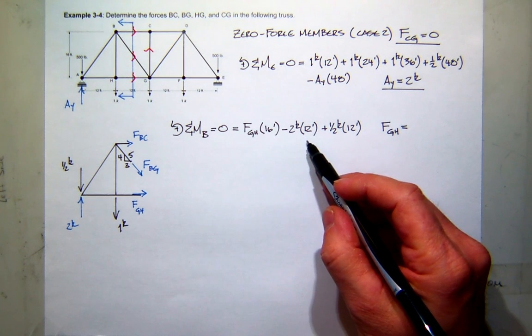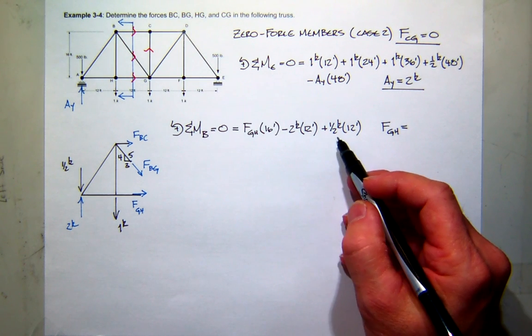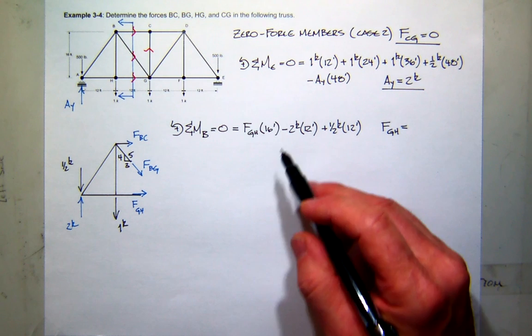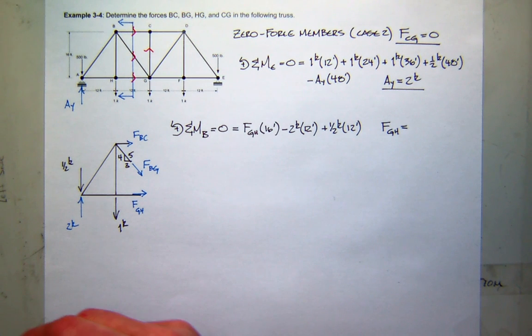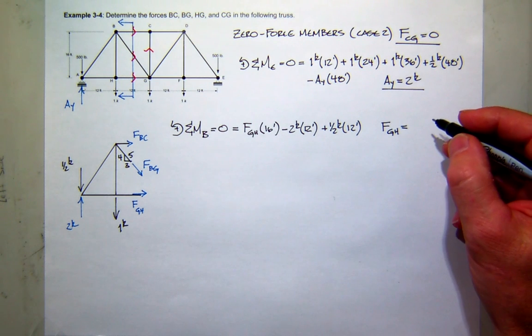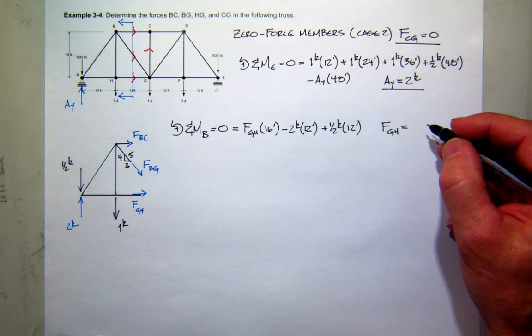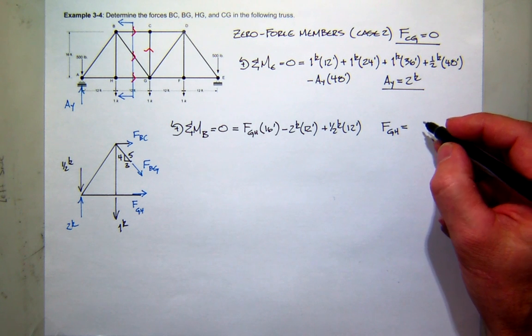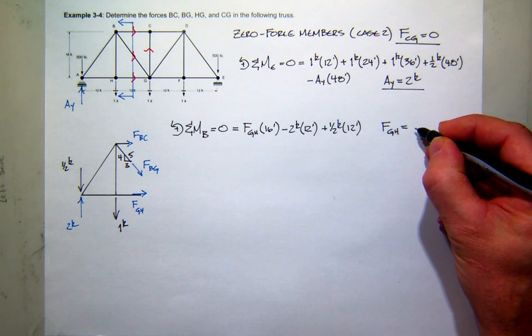I don't know what that is off the top of my head. That's 24, 18. What's 18 divided by 16? 1.125? 1 point, something like that? And that comes out to be positive.